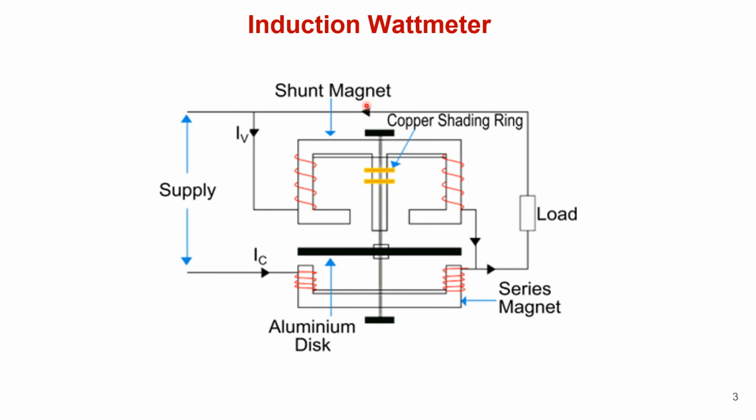The shunt magnet is connected across the supply and carries a current proportional to the supply voltage. Generally, the coil of the shunt magnet is made highly inductive. That means the current flowing through it lags the supply voltage by 90 degrees. That's why it is made highly inductive.